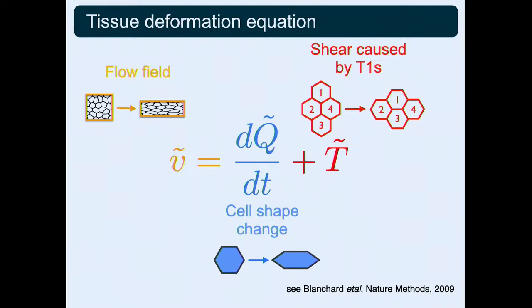It is hidden here, but we actually have written down separately the contribution due to apoptosis and quantified it from the experiment, but that change is not much in this whole developmental stage process. I have these results elsewhere and can show you the contribution, but mainly here I will show purely the T1 transitions. But in principle, you can write down cell divisions, apoptosis, all of these, one after the other.